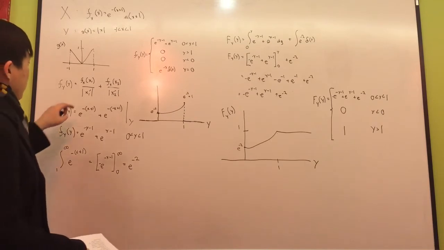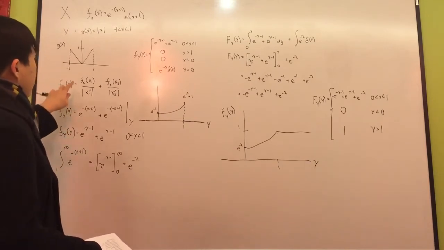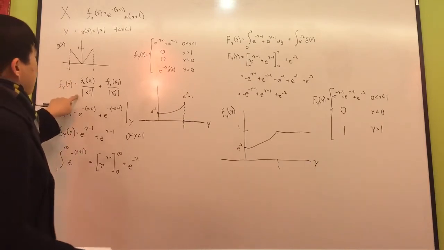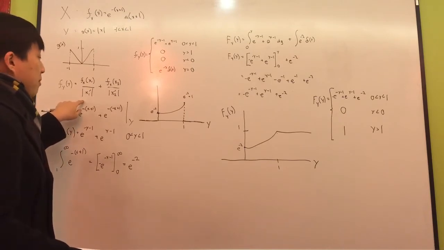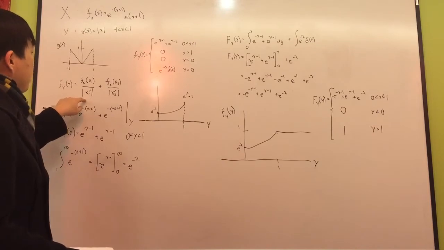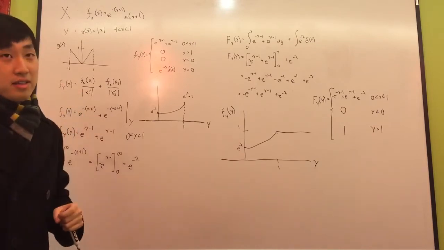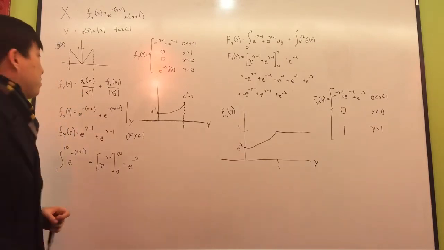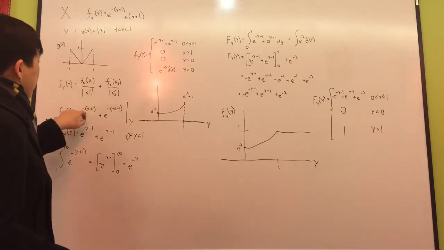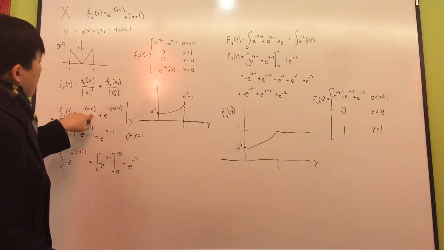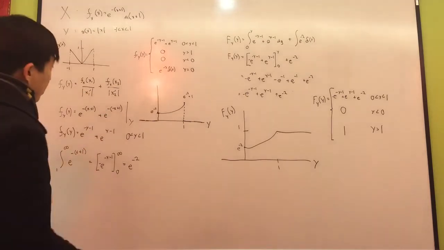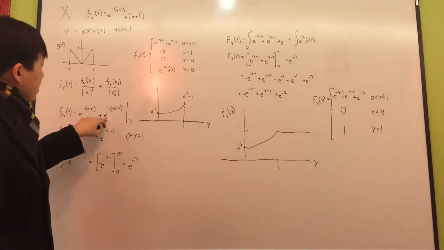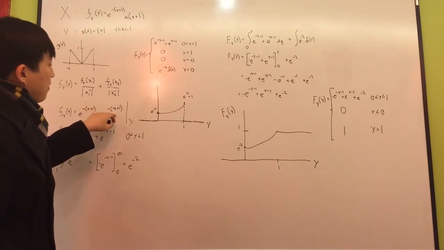In my case, I used positive x for x1, and the derivative of x is simply 1. The absolute value of that is 1. When you divide by 1, nothing happens. So it's e to the negative quantity x plus 1. For the second part, we substitute in negative x for x, and we get e to the x minus 1.